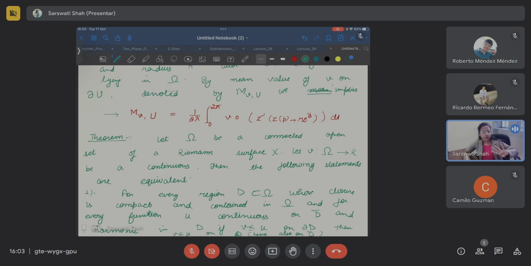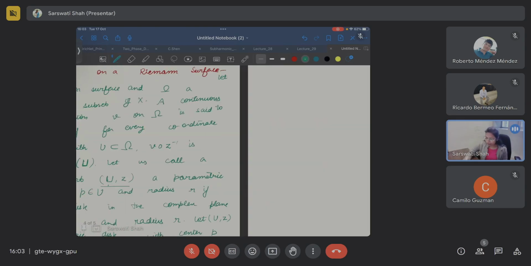This is the very first statement of the theorem which we proved in the last theorem, where we had to prove that four points were equivalent. In that theorem the only difference was that omega was a connected open set in C. We were not talking about a Riemann surface. In this theorem, the only difference is that omega is a connected open set of the Riemann surface capital X, and everything else is the same.